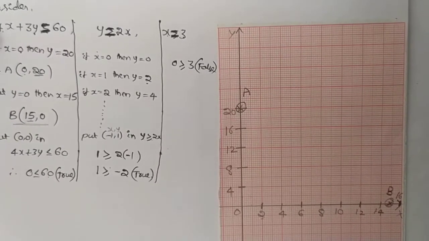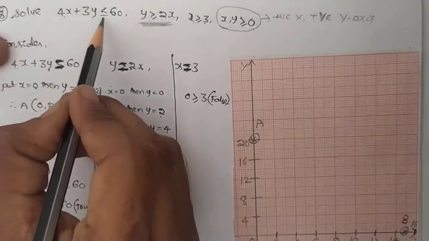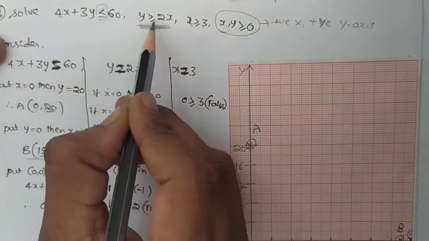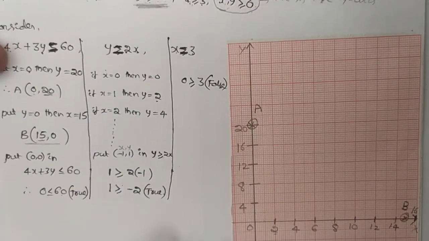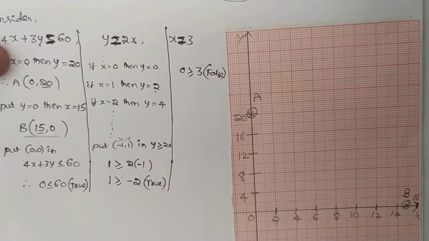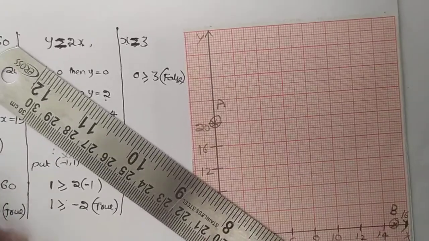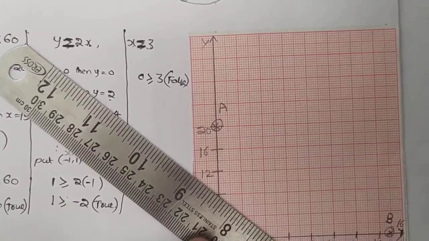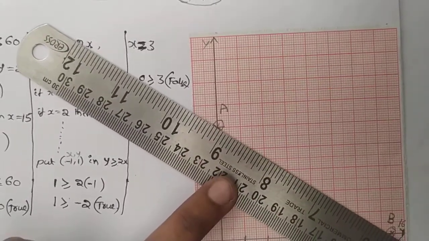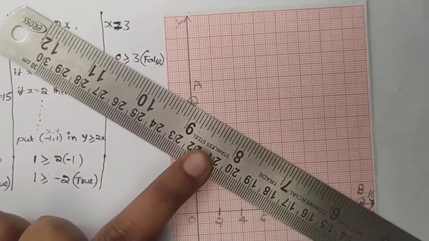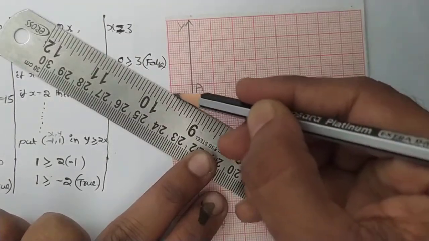One more thing, in the previous class I already told you that if the inequality involves less than or equal, or greater than or equal, then we have to draw a thick line. Kindly remember these points. So this inequality involves less than or equal, so we have to draw this line with a thick one.